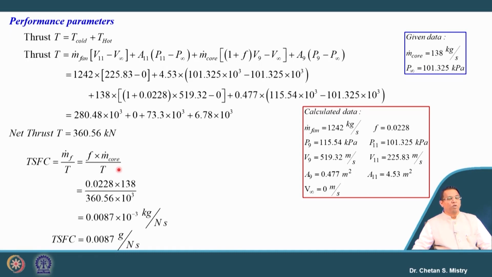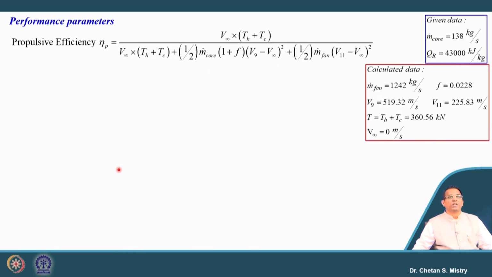Now, after doing this calculation, we are interested in the calculation for the efficiency. The first efficiency we have is propulsive efficiency. Now you are thorough with what the equation will be. Just try to remember the one equation for the turbojet engine, and in place of your thrust you can put two separate thrusts, like the thrust of the hot stream plus the thrust of the cold stream.